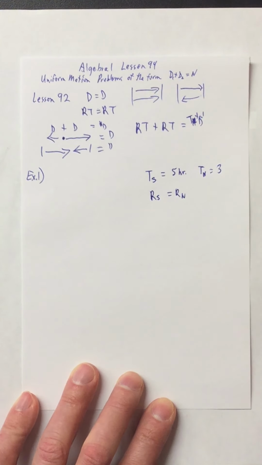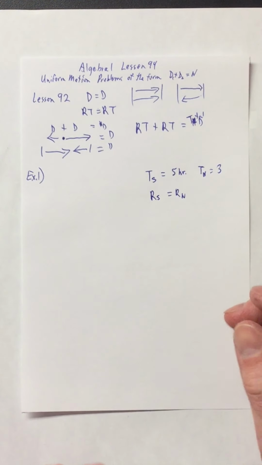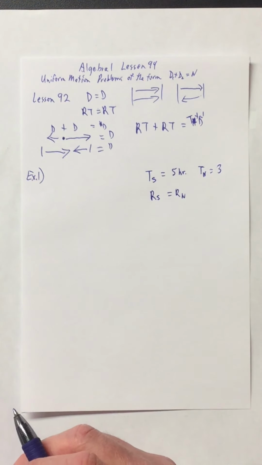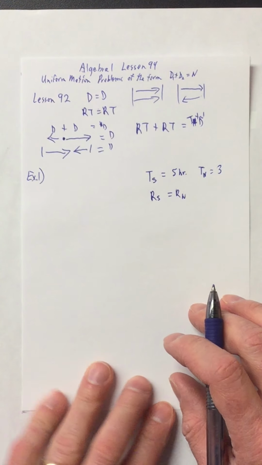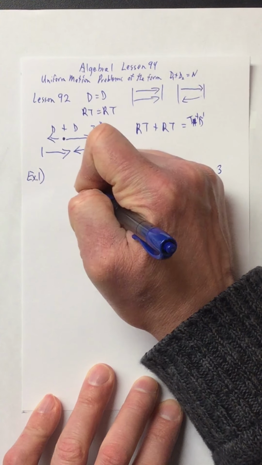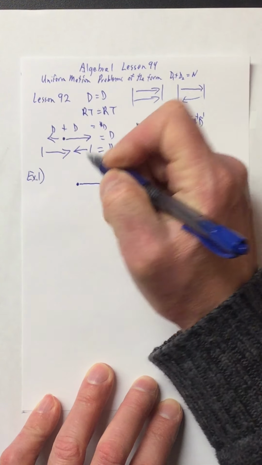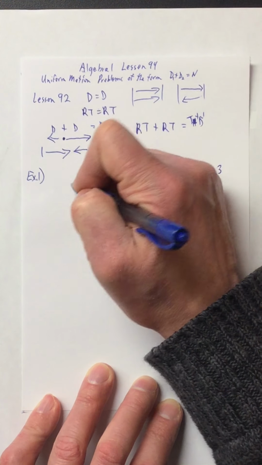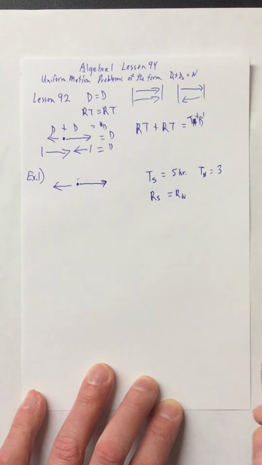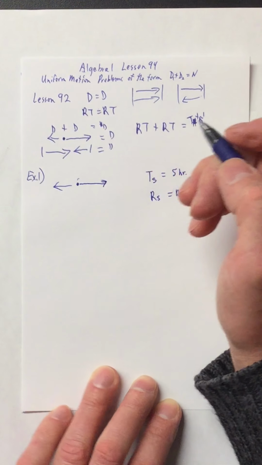So since they're starting at the same place and heading in opposite directions, our pictorial, here's the starting point, well, it would be north and south, so it'd be up and down, but I'm going to write it horizontally. Looks like that. So let's write it out here.